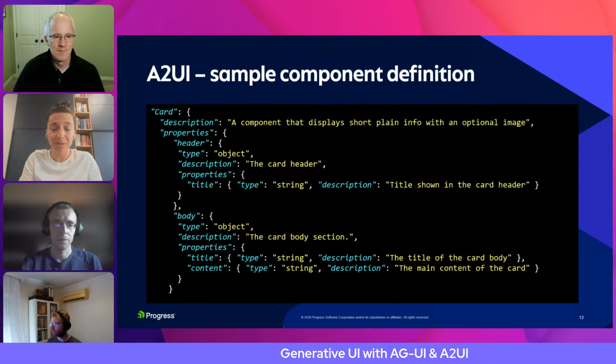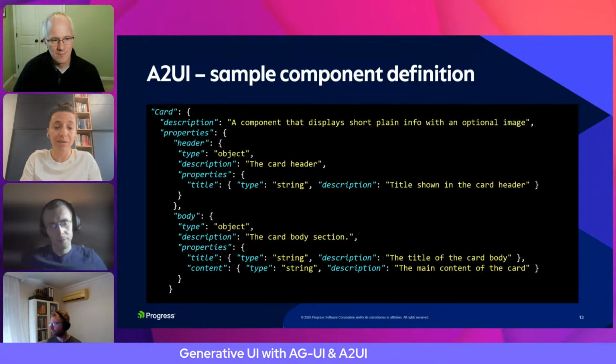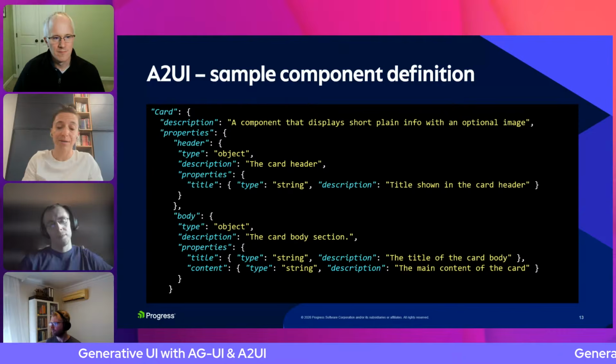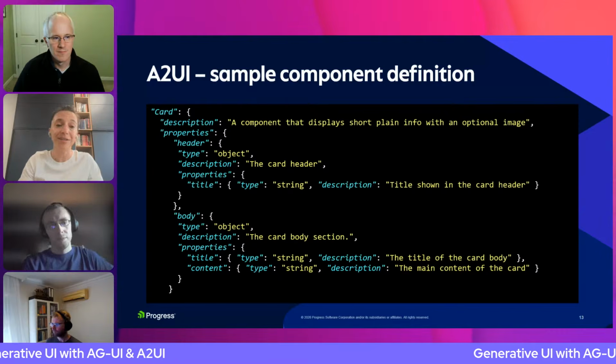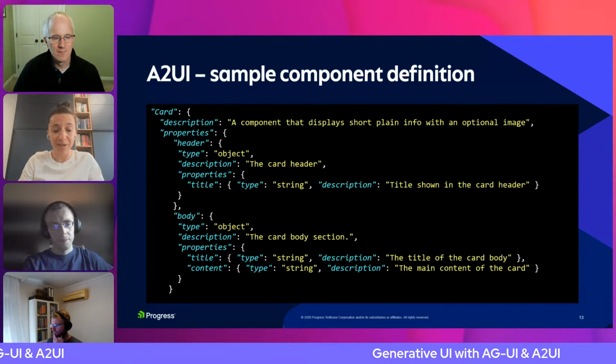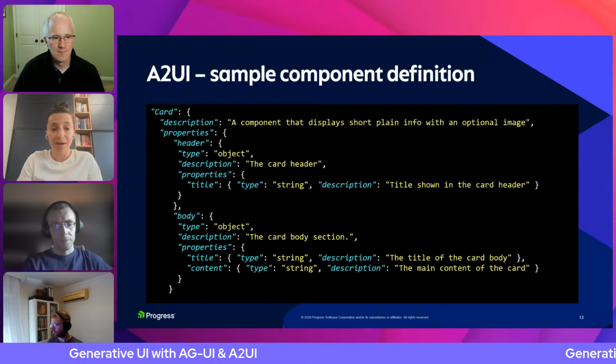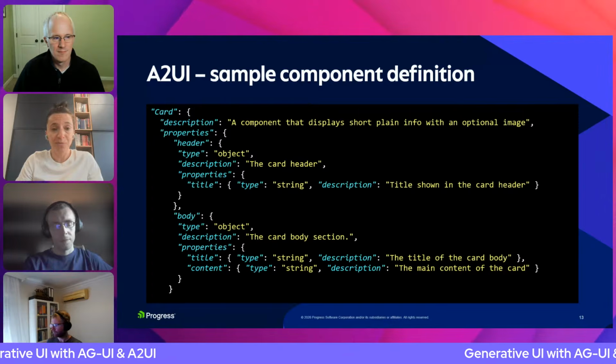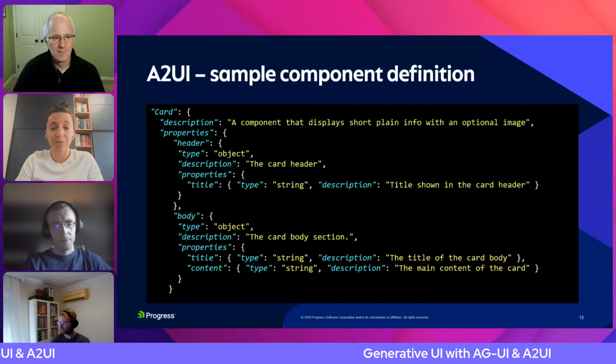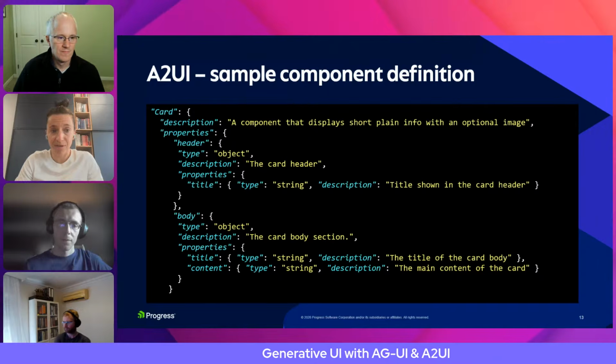So when you type something and the model and the AI underneath give info back that is descriptive, you can use that card because it will match the description of that component.